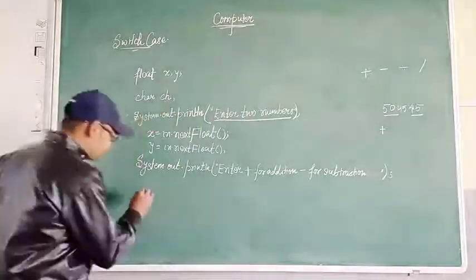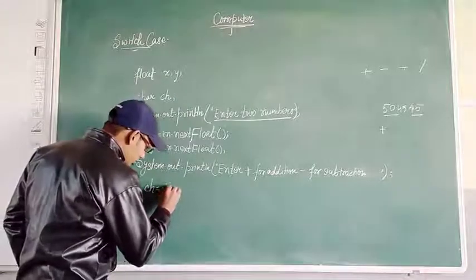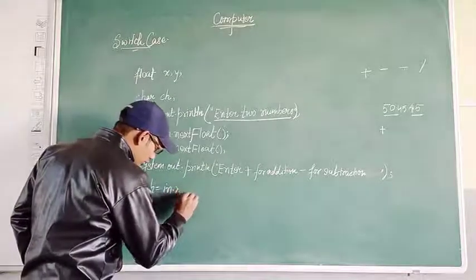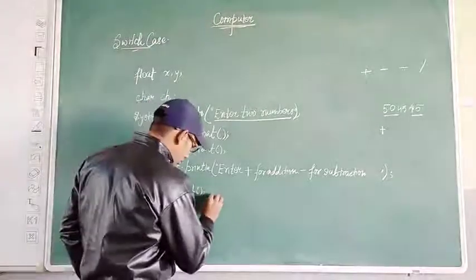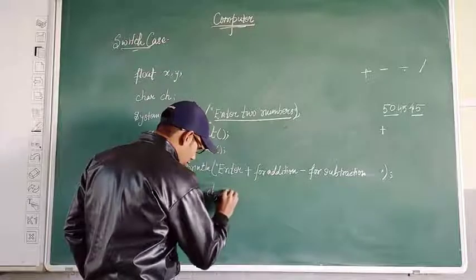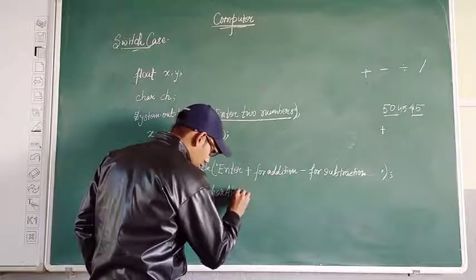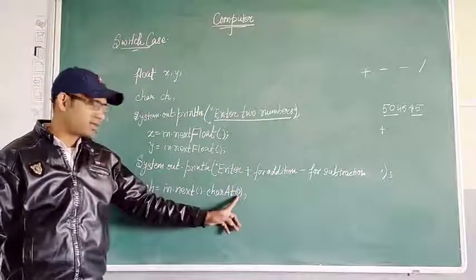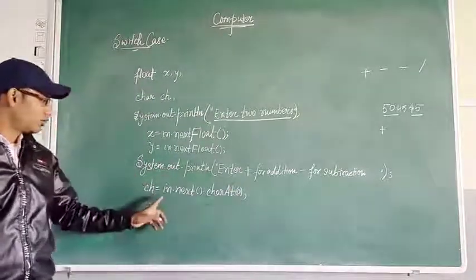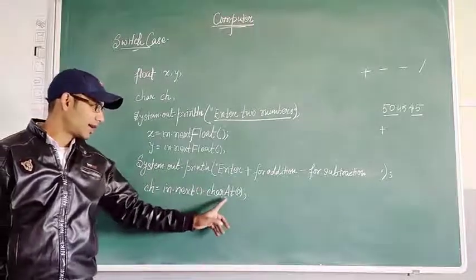So ch is equal to in dot next, parenthesis, dot charAt, parenthesis, 0. Okay, this is 0.